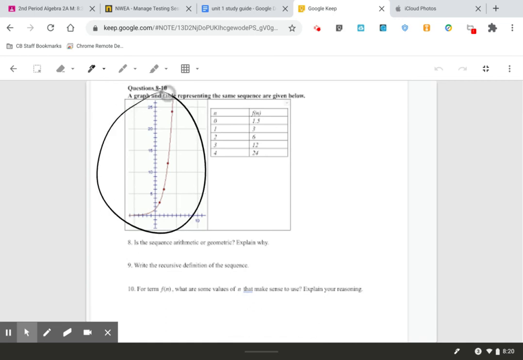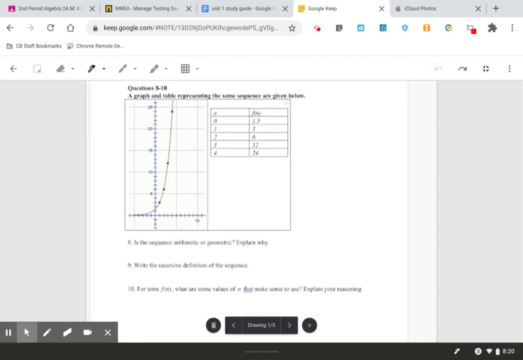Or you could look at the graph and notice that the graph is exponential in nature. And we know that if the graph is exponential, it's geometric. If it's linear, it's arithmetic. So either way, the answer is geometric.